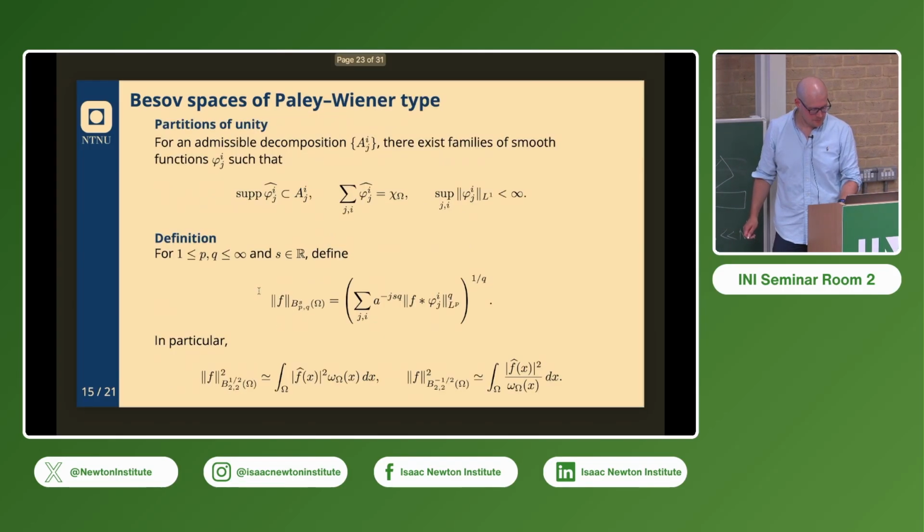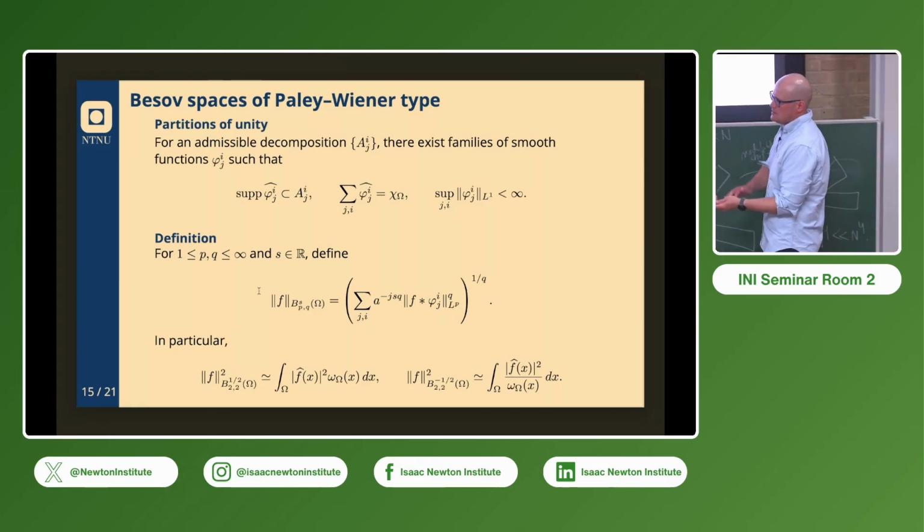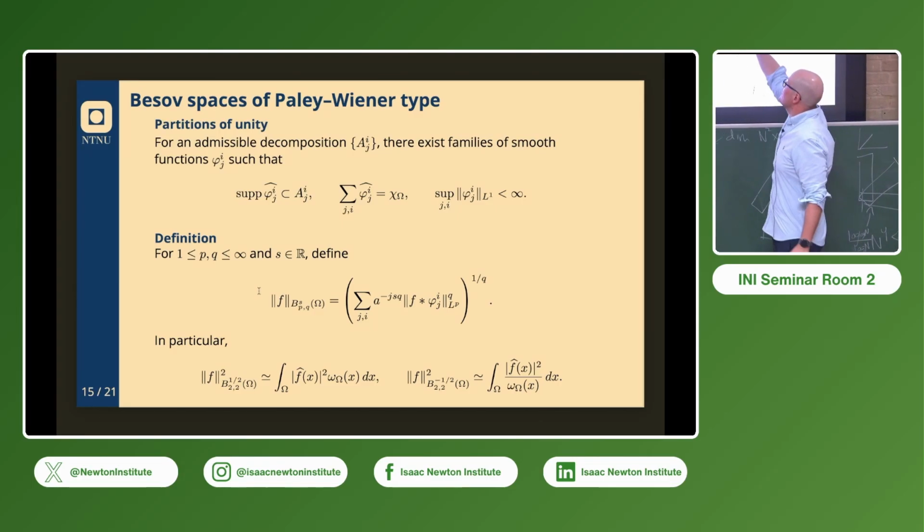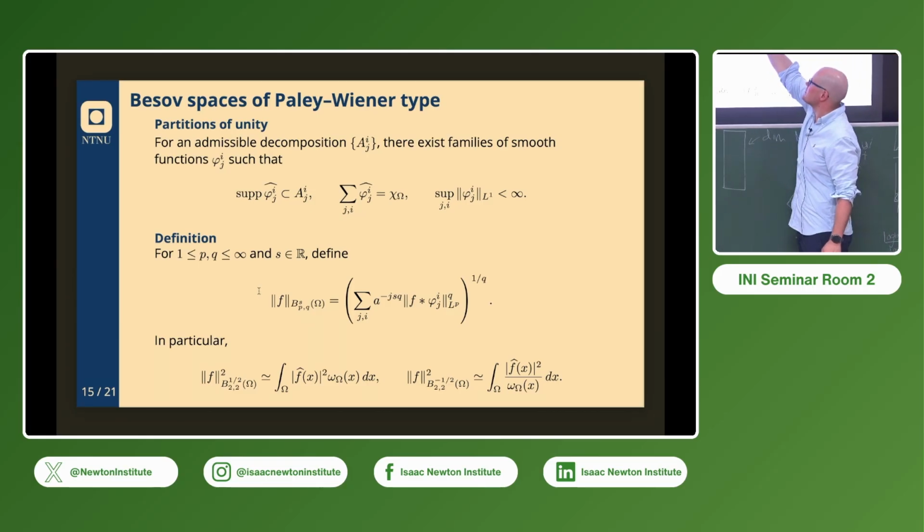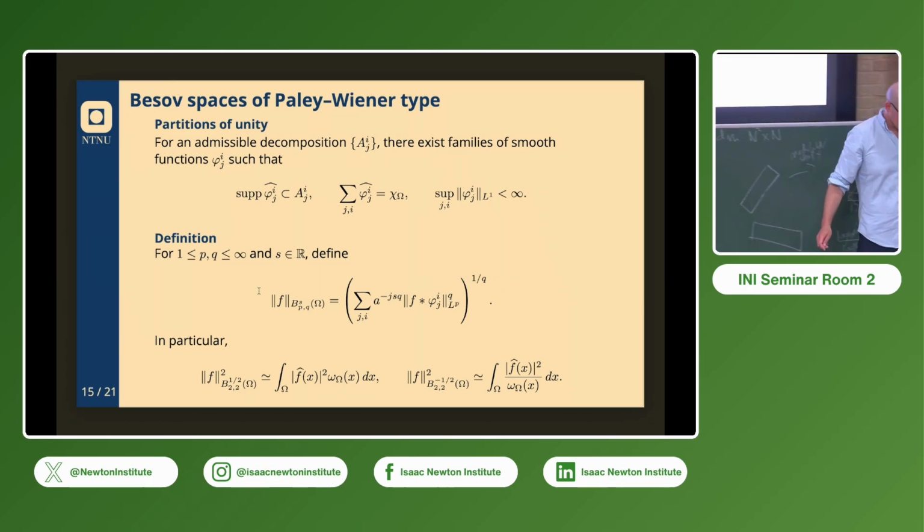And then once you've done that, these properties with the transition maps and so on ensure that for your decomposition, you can choose an associated partition of unity which has uniformly bounded L1 norms, so that it works well with Young's inequality and you can do things.